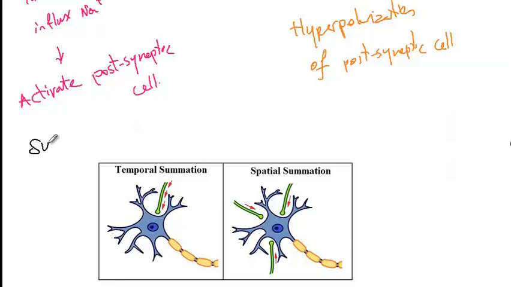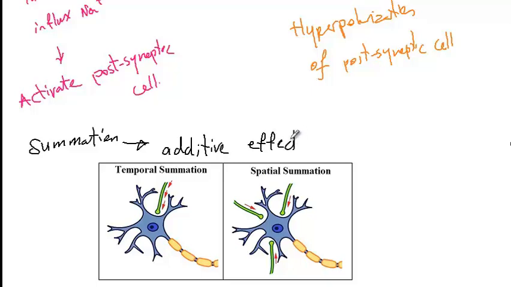Summation refers to the additive effects of multiple presynaptic signals that reach a postsynaptic nerve. So, the additive effect of multiple presynaptic impulses. There are two types of summation effects that we can have.